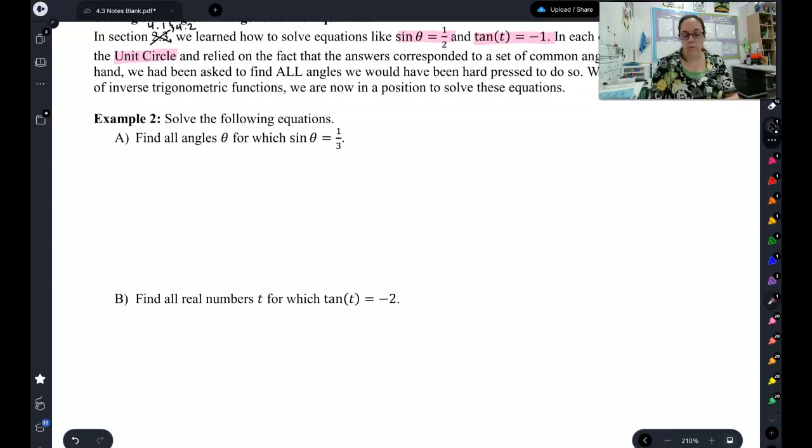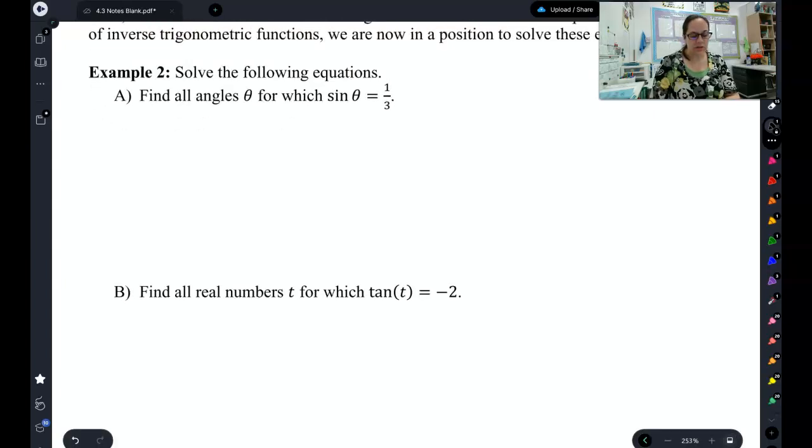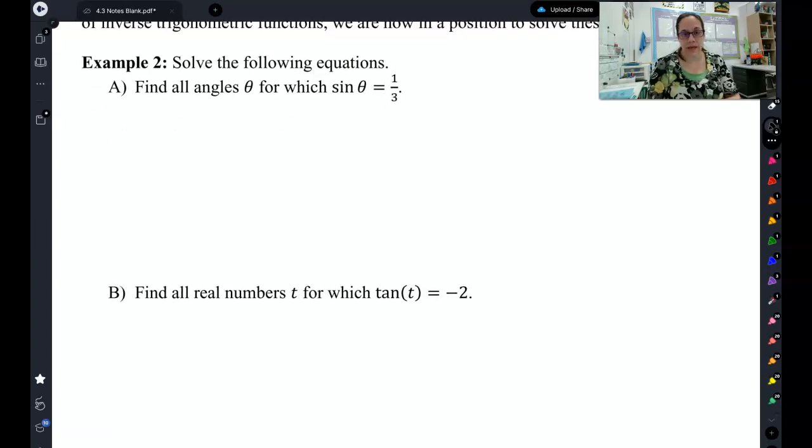However, for the next little bit, we're going to do some problems that are not on the unit circle. These would be calculator problems. So let's start by looking at this first one. And once again, for now, make sure you're in degree mode. So what I want to do is solve for all the angles theta where sine of theta equals 1/3. And like I said, that is not on the unit circle.